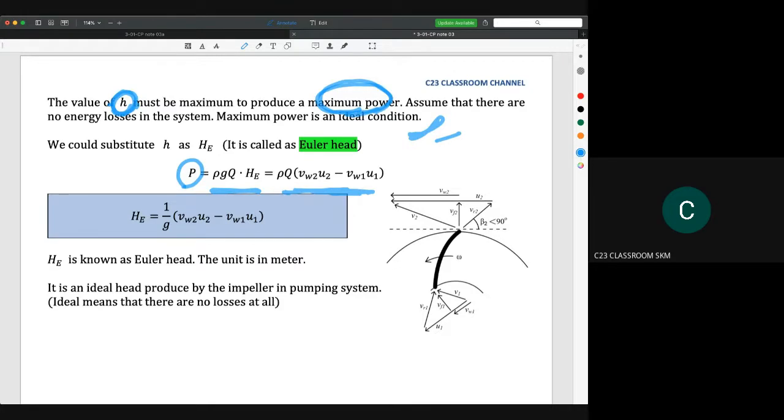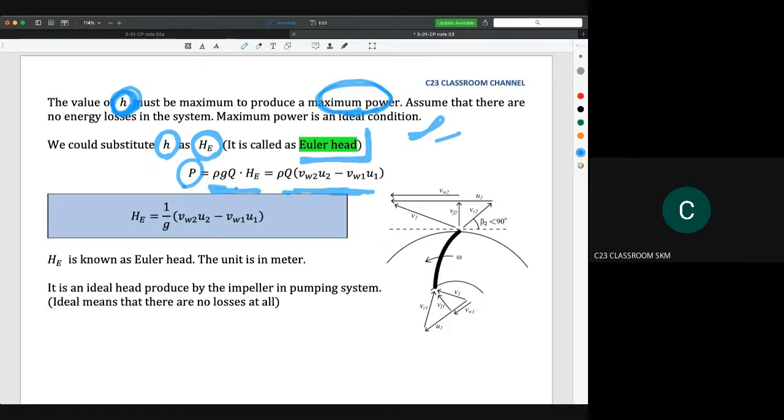Because the value of H here is the ideal condition, we change the term small h to HE here. The term HE means the Euler head, which is the theoretical head.